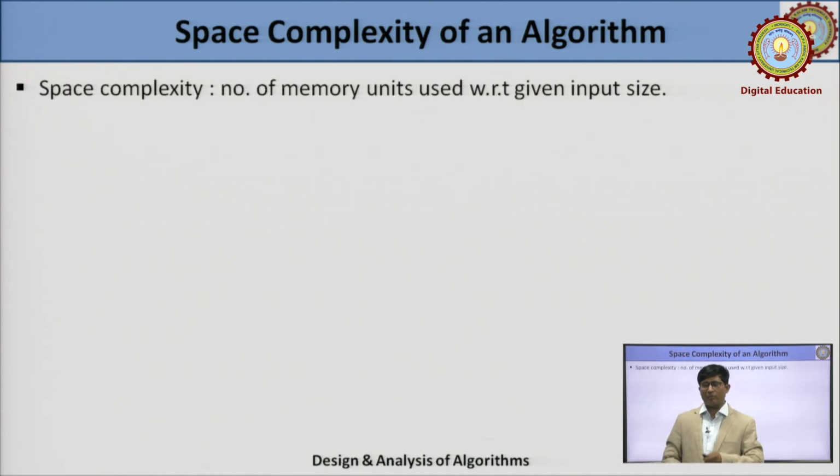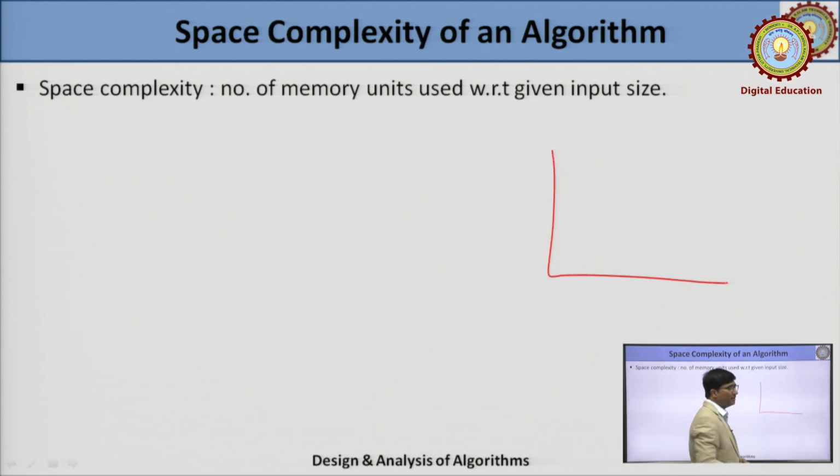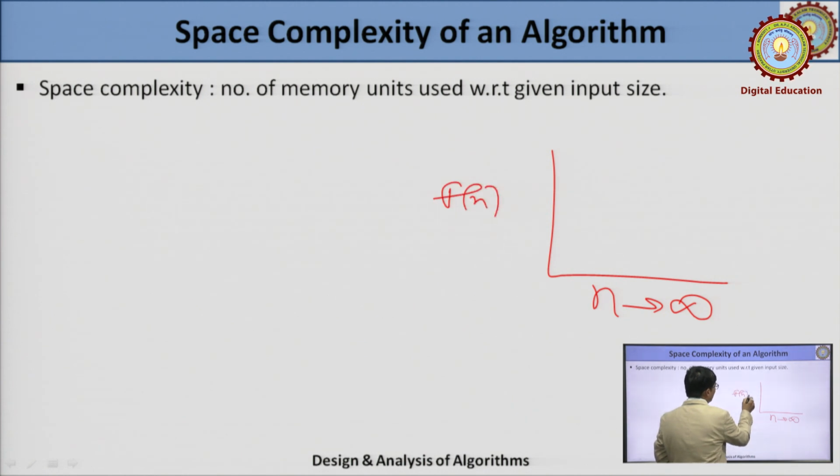Similarly, for space complexity, the context would be in terms of the usage of memory variables. Here, f(n) = 2n + 3 means the amount of memory variables or amount of data that I am using with respect to a given input size n.